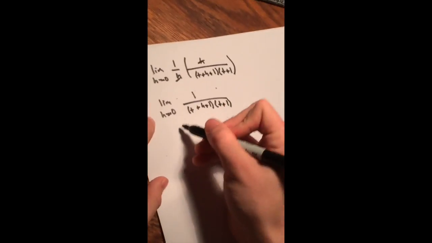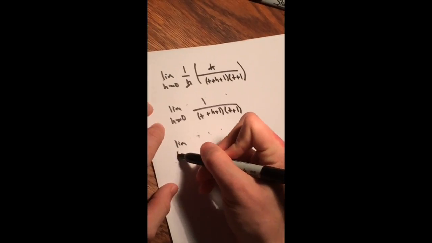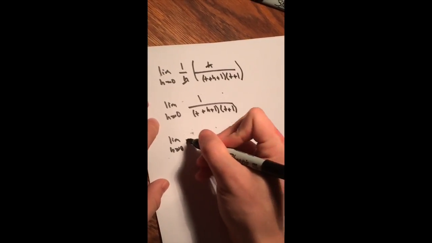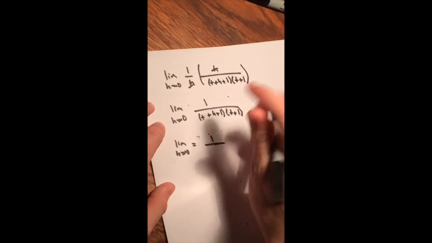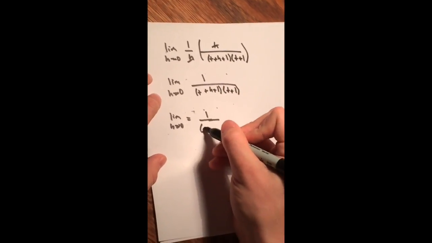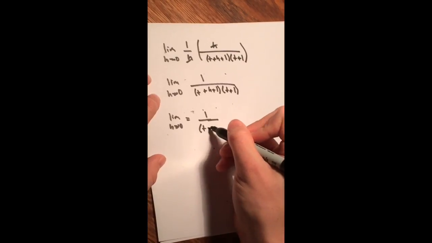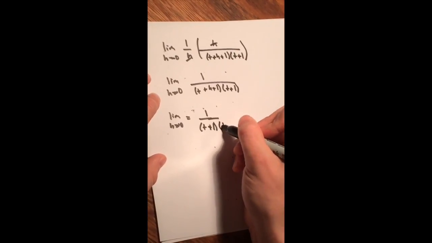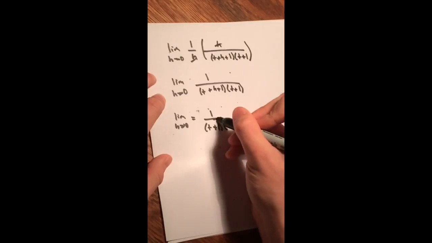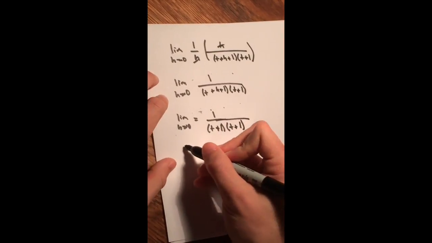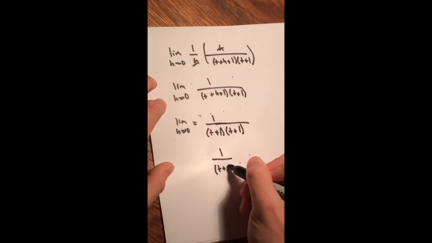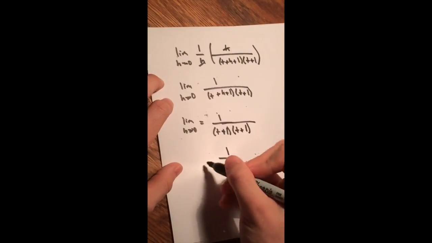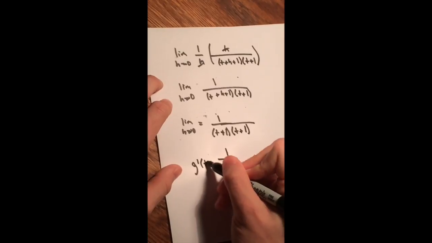And then as we simplify this down more, we see that the numerator is simply 1. As we plug in 0 for h, we see it's simply 1 over t plus 1 times t plus 1. And then obviously we can just put these together, and this is 1 over t plus 1 squared, and that is your answer of g prime of t.